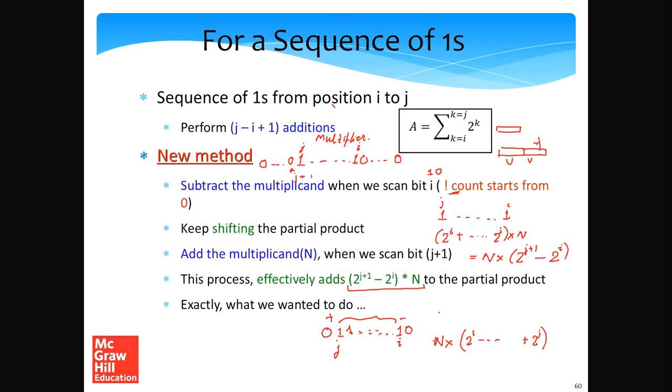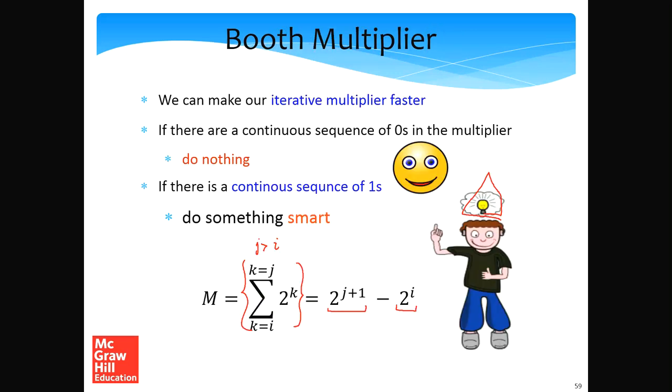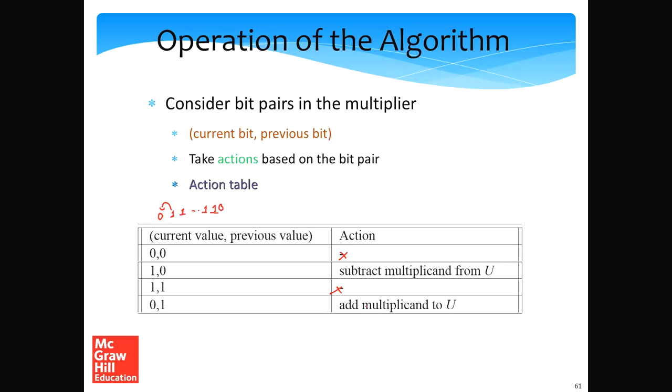So in effect, we are adding this quantity to u, which would have been the same as j minus i plus 1 repeated additions. Instead of doing this, we are using this identity, which says that instead of doing repeated additions, you can subtract once and add once. As simple as that. So that will save us some work.